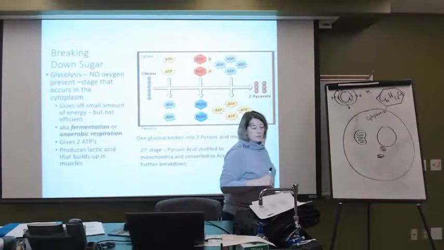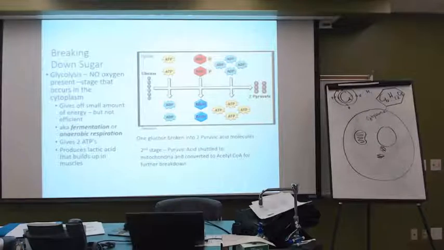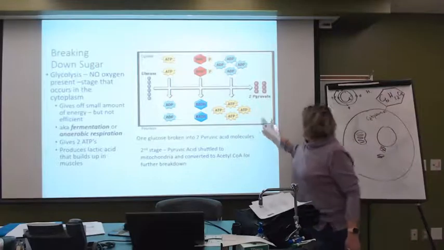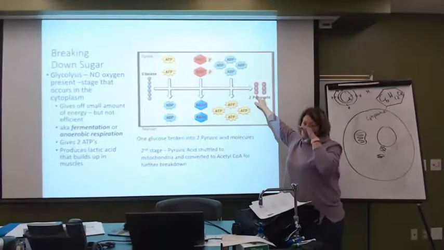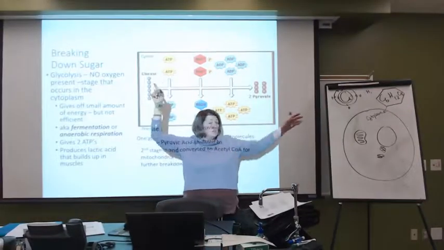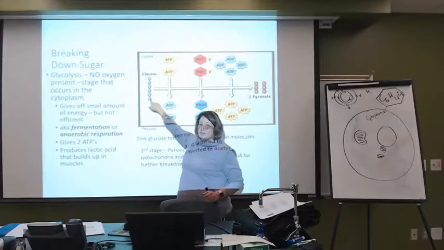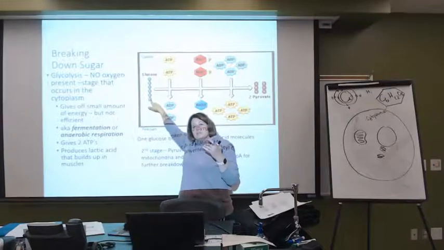However, if your body is not needing the energy that way, the products now can go into the mitochondria. So those two pyruvates. Now what they're showing here, because glucose is a 1, 2, 3, 4, 5, 6 carbon molecule.